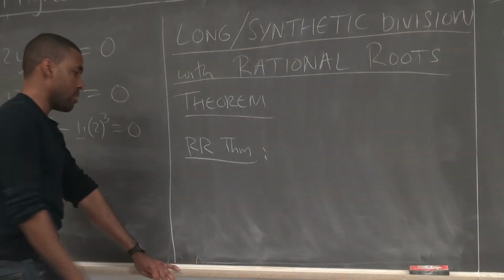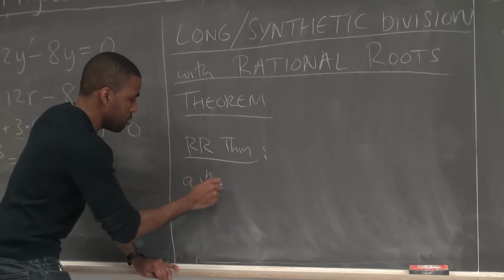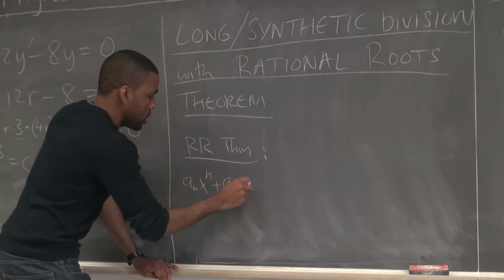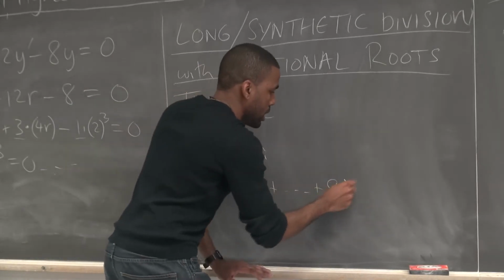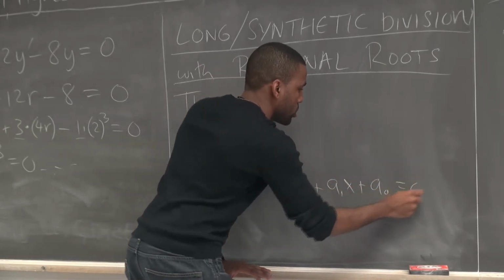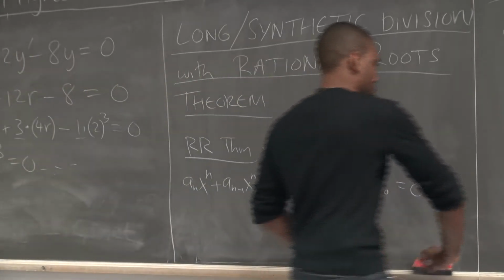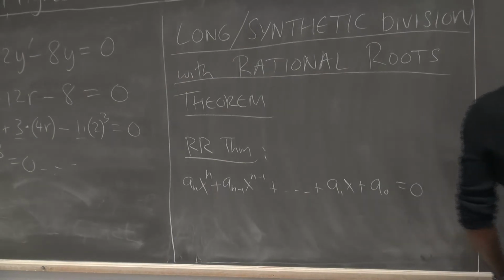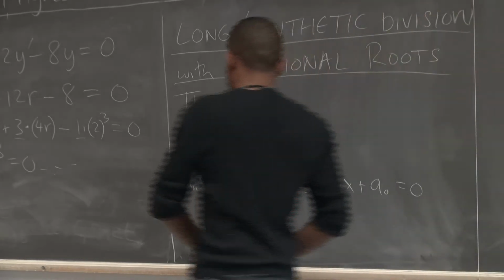Right, so if you have a general polynomial, an x to the n plus an minus 1 x to the n minus 1 plus dot dot dot all the way down to a1x plus a0 equals 0. Now the idea is if you want to see if something is a factor, the rational roots theorem says you don't have to have a rational root, but if one exists, it should take on a certain form.